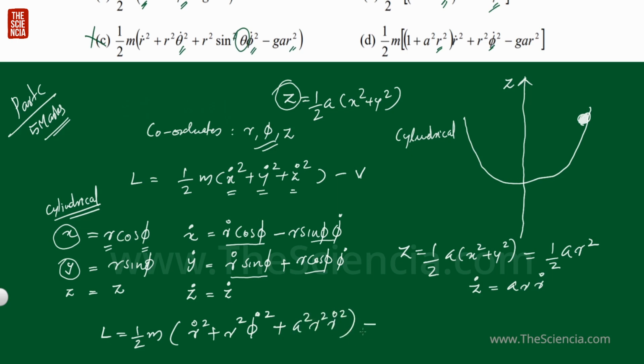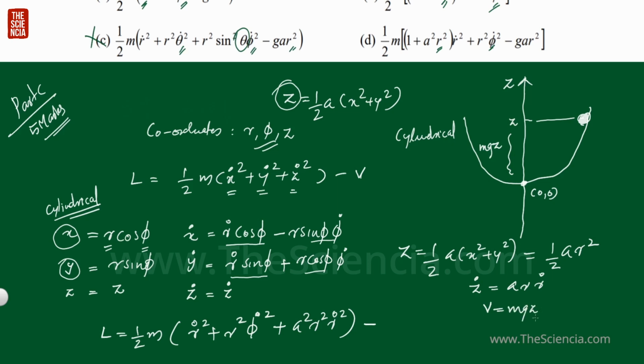Okay, minus potential V. See, here we are choosing this point as the origin. So this is the position of the z coordinate, and this will be the corresponding potential mgh, that is mgz, that is V equal to mgz.